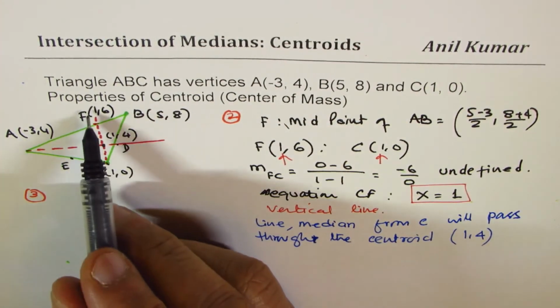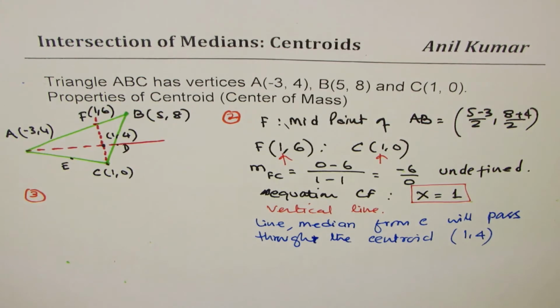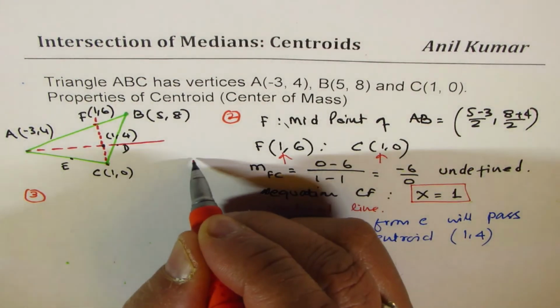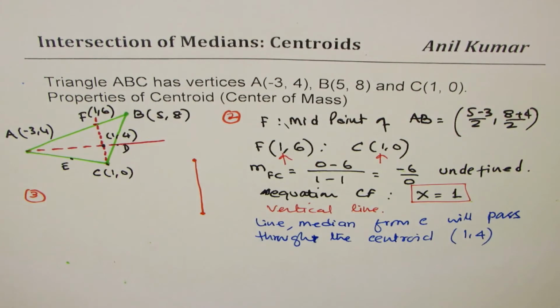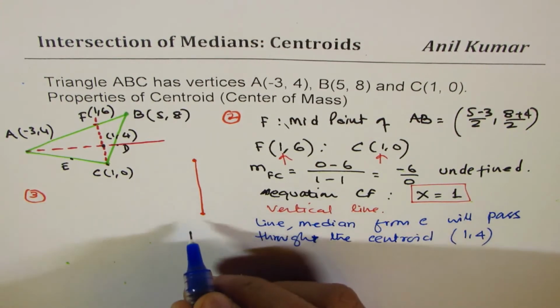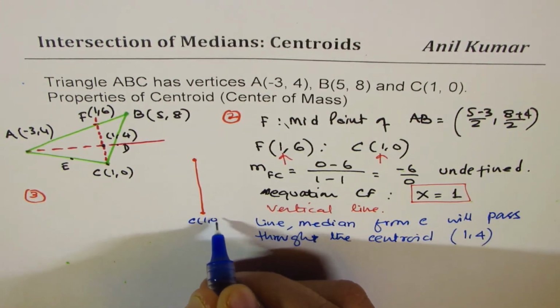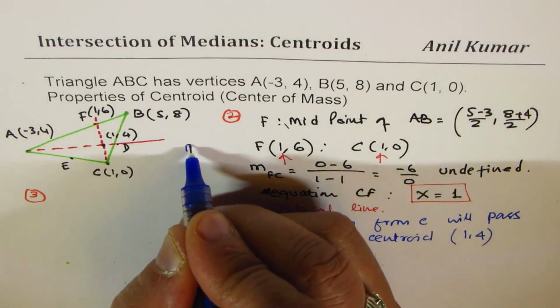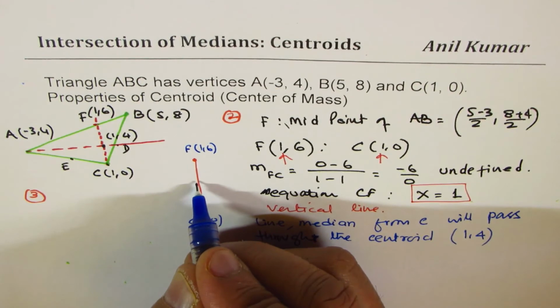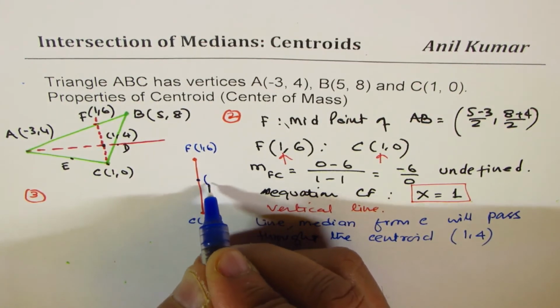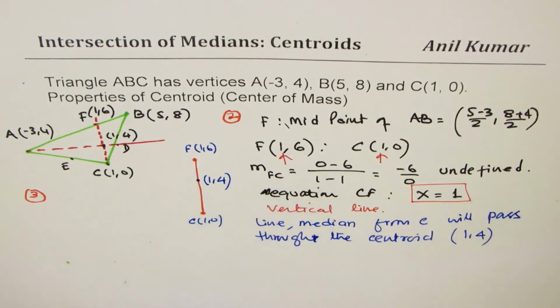So let me redraw this line clearly. This is C, which is (1, 0), and here we have F, which is (1, 6), and somewhere here we have a point (1, 4), which is the centroid.